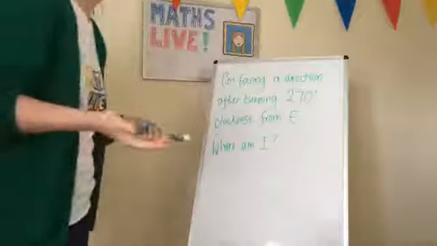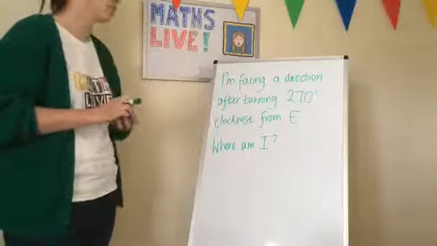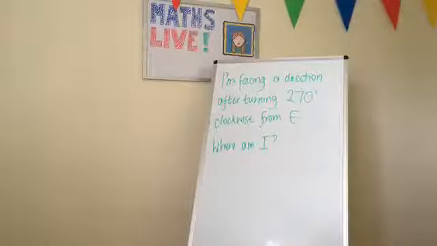You've got to find that out. So I'm facing a direction after turning 270 degrees clockwise from east. Where am I? So you've got to work backwards for this one.